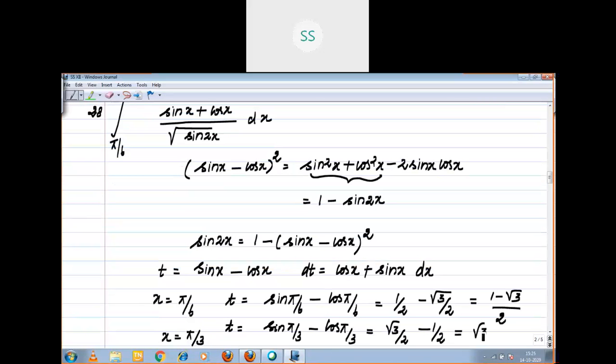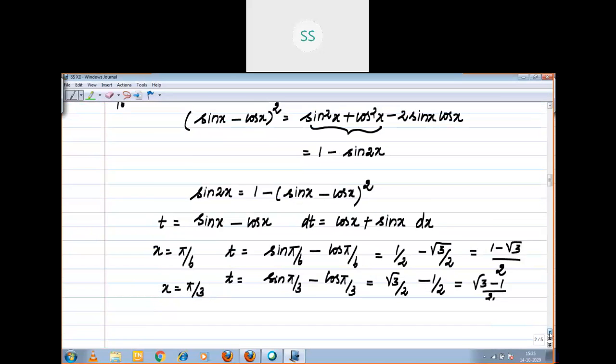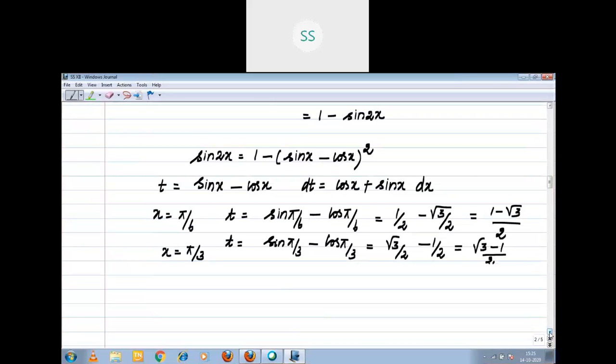Then when x is equal to pi by 3, t is equal to sin pi by 3 minus cos pi by 3. Here you get root 3 by 2 minus 1 by 2. Denominators are the same, so directly adding the numerators, that is (root 3 minus 1) by 2.